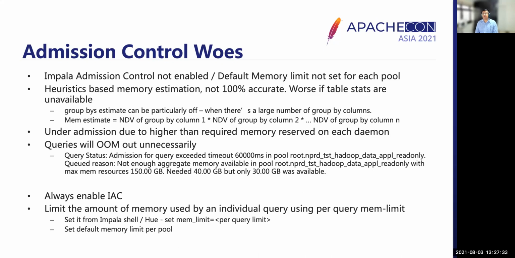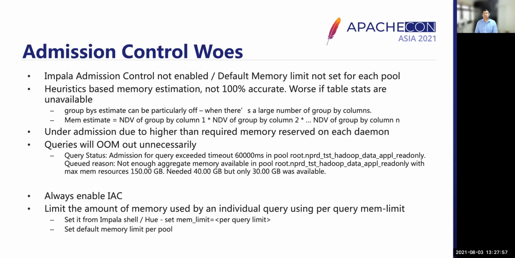Impala, like every other database engine, uses heuristics and statistics to determine how much memory is required per node for a particular query to run. However, at times these numbers could be off, and sometimes stats are not available. In such cases, Impala tries to be conservative about how much memory is required, and in many cases it overestimates the amount of memory.